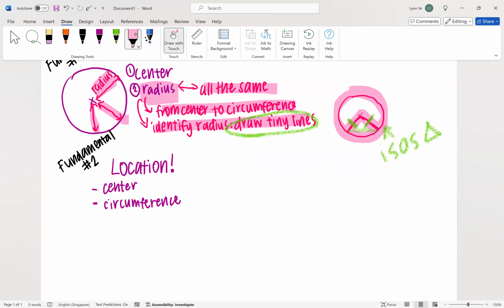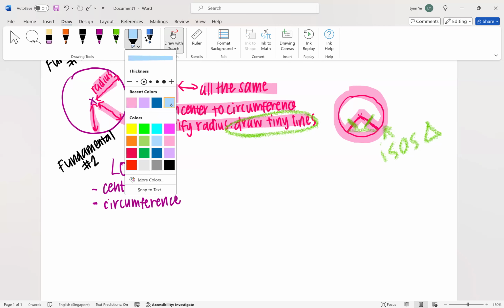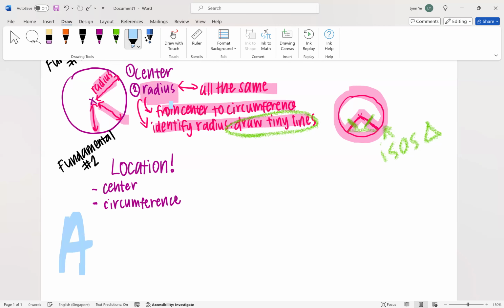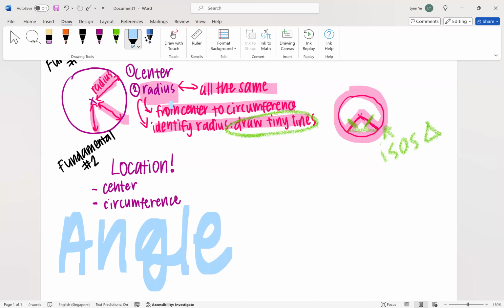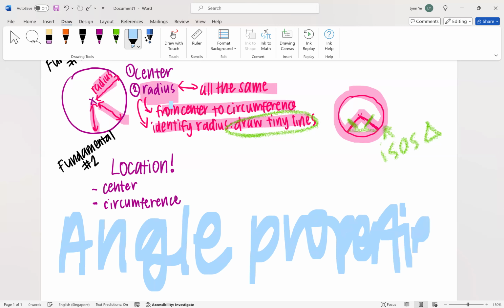Okay, right now, everybody take out your highlighter. We're going to learn this thing called angle properties. I highly recommend you don't write on this page. You write on the second page. These angle properties are going to be a lot.